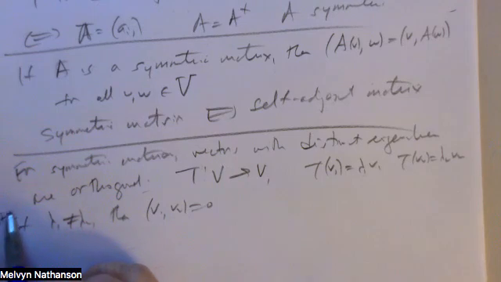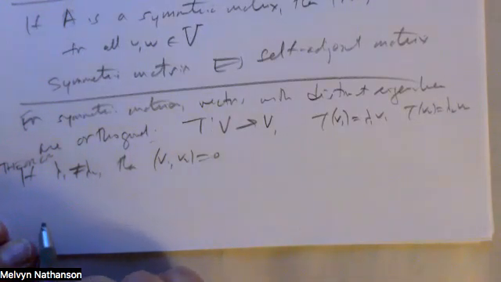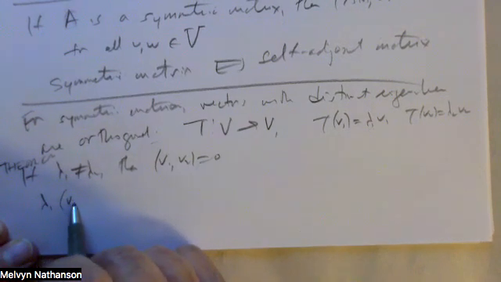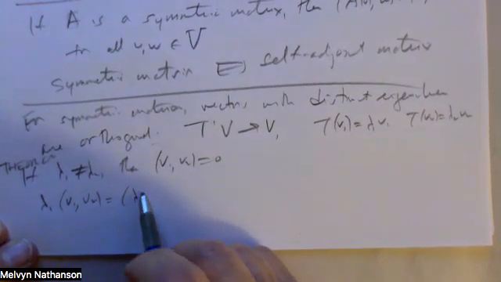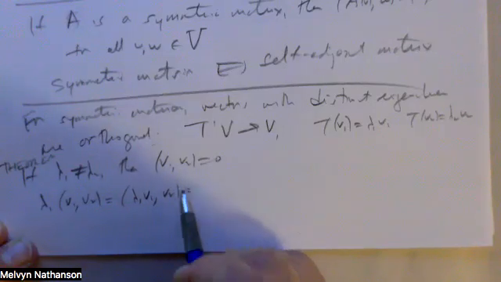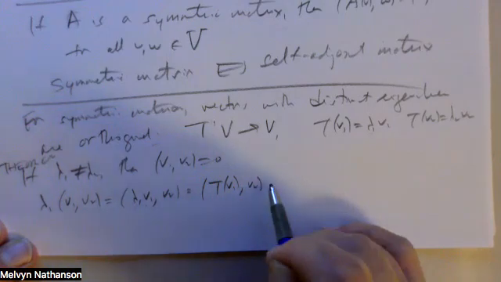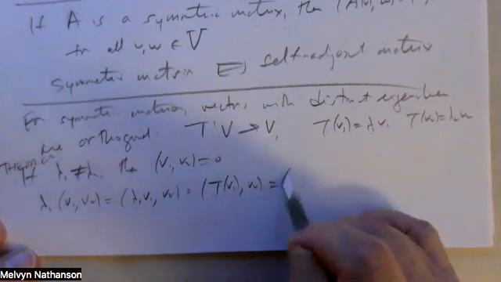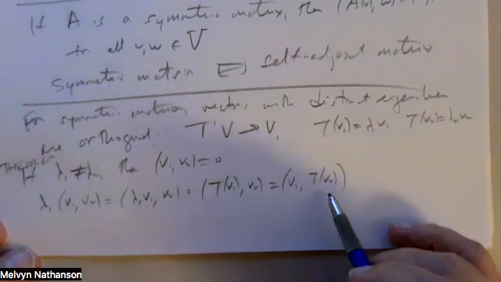So this is, if you like, a theorem, but I can prove it. Of course, the proof is very short. We have lambda 1 times the inner product of V1 with V2. That's the same as lambda 1 V1 inner product with V2. Lambda 1 V1 is T of V1, inner product with V2. Because T is symmetric or self-adjoint, this is the same as the inner product of V1 with T of V2.